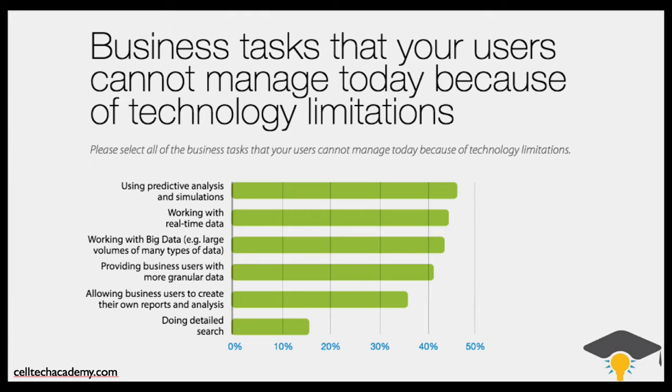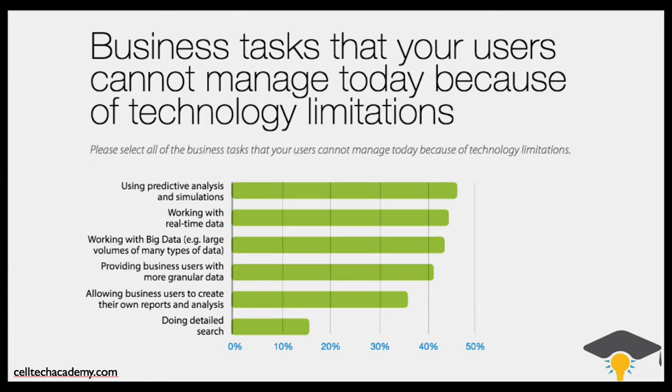Here in this slide, let's talk about the delays happening right now in the current environment, and it's because of technology limitations. In this survey, if you see, for predictive analysis and simulation, at least 45% say there is a limitation.